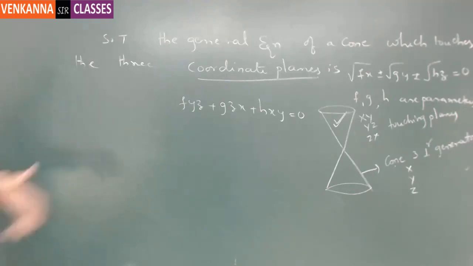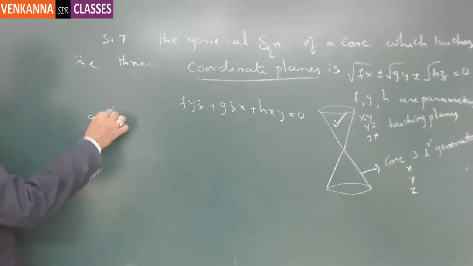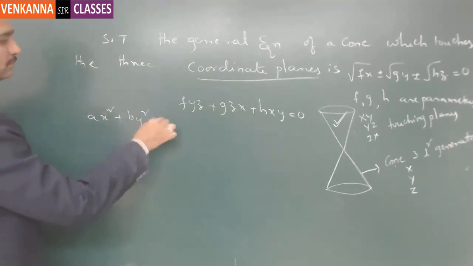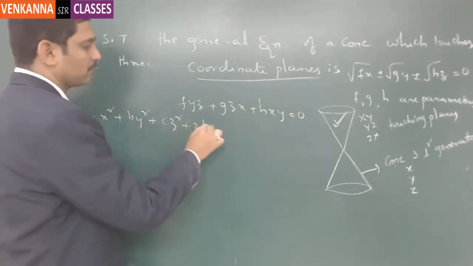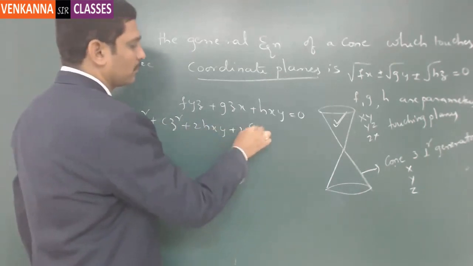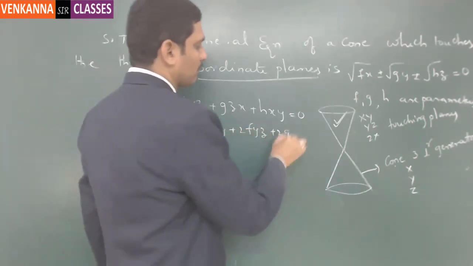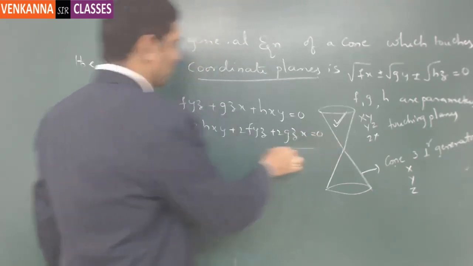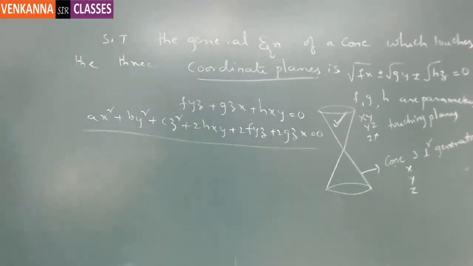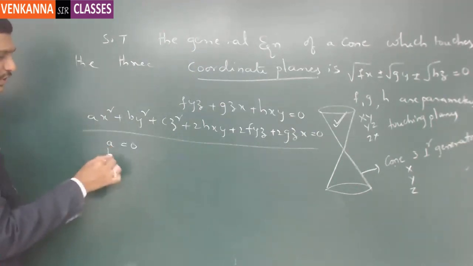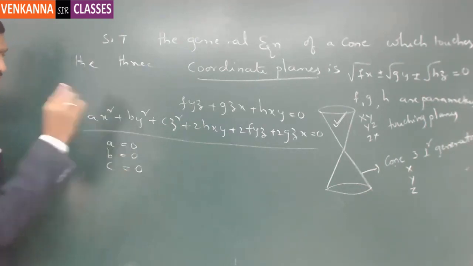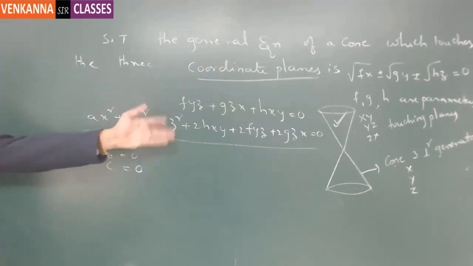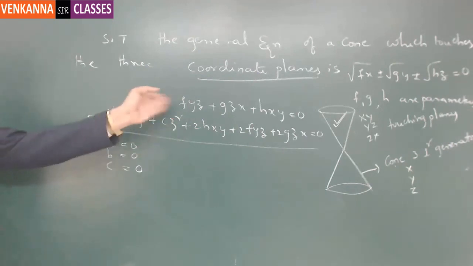So again, let us compare this equation with the general form. Then what happens if you compare this here? A is equal to 0, B is equal to 0, C is equal to 0. If you calculate H, F, G, they will come the same values as it is.